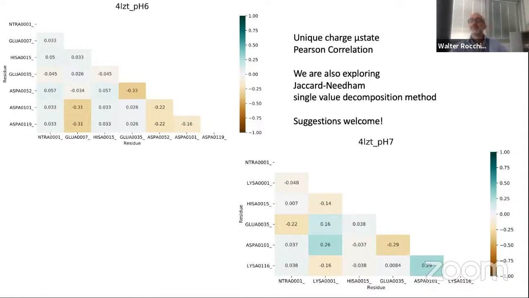About the correlations, I was curious. Do you see any long-range correlations? I don't. Maybe you remember, Marilyn. At Telluride, when I showed some results from cytochrome C oxidase, I had this really weird case of very long distance correlations between sites.